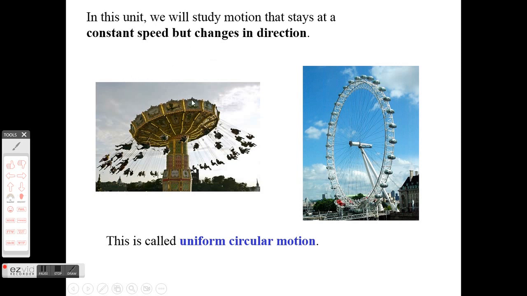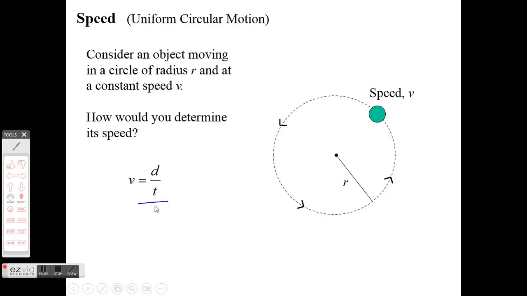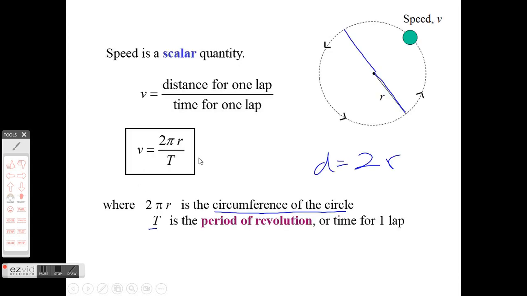So, if we look at some review again, we're applying it now to a circle. If we have an object moving in a circle of radius r at a constant speed v, how do we determine its speed? Well, our original formula, v equals d over t. Speed, remember, is a scalar, so we don't have to care about the direction.